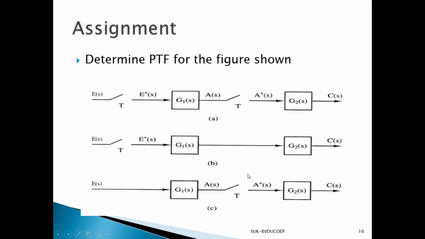We have to try to find out this. This is your practice problem given. You have to practice this at home, so as to get the idea clear, pulse transfer function and significance of sampler at different locations.